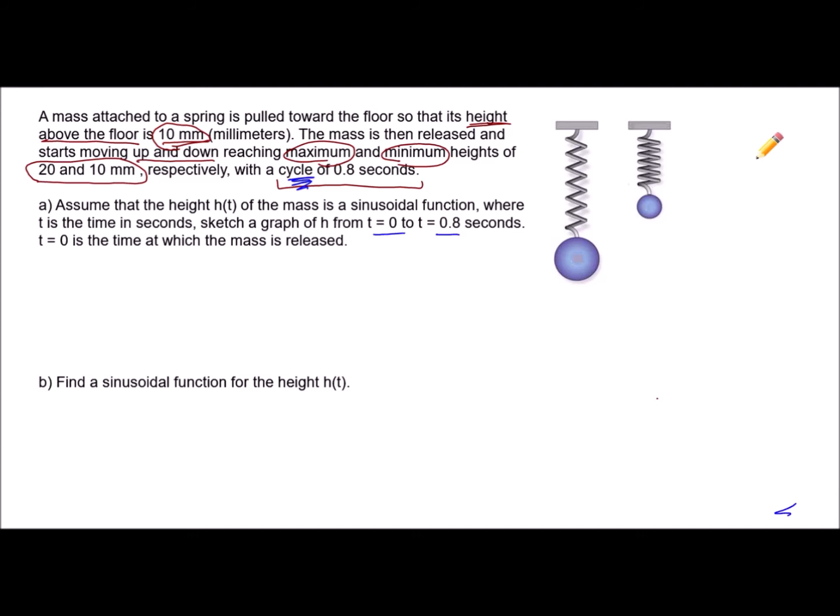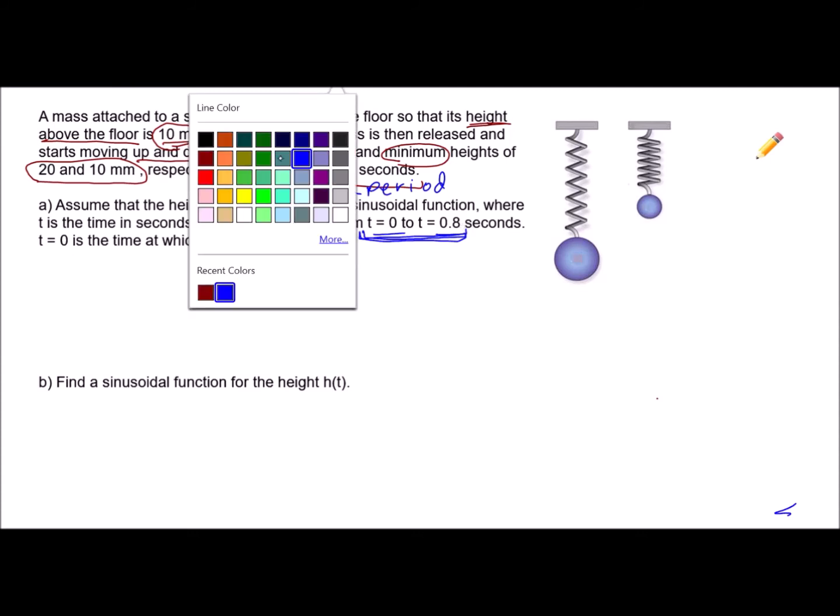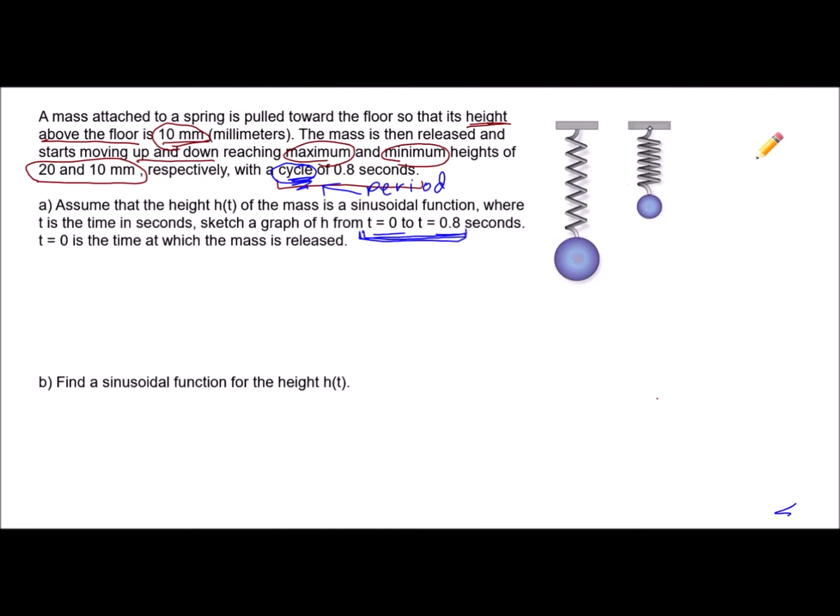Okay, first of all, the fact that it mentions a cycle, that's talking about a period. So when it says to sketch a graph of it from 0 to 0.8, it's saying just graph 1 cycle of this function. T is the time that it was released. So visually, let's talk about what's happening.